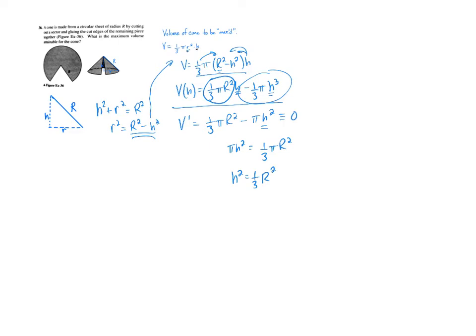From that, h would be the square root of that, which is the square root of R squared, which we'll just say is big R, because we know it's a positive value, over the square root of 3. So that is our only critical number. Obviously, we'd have h equals 0 as the lower end of the domain.